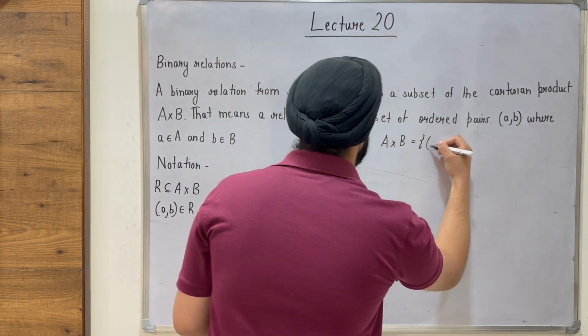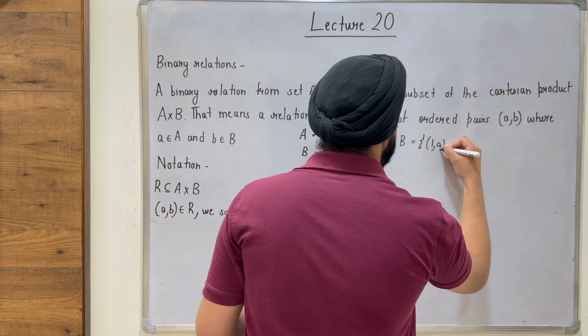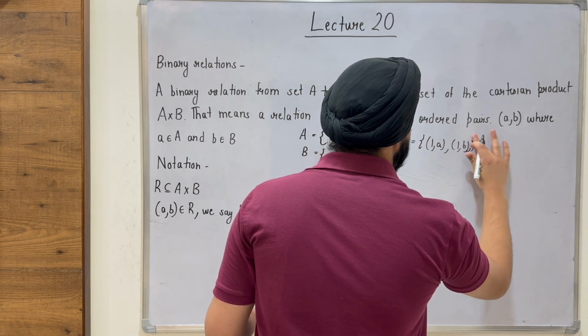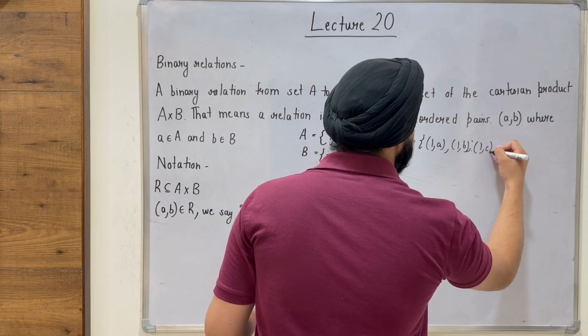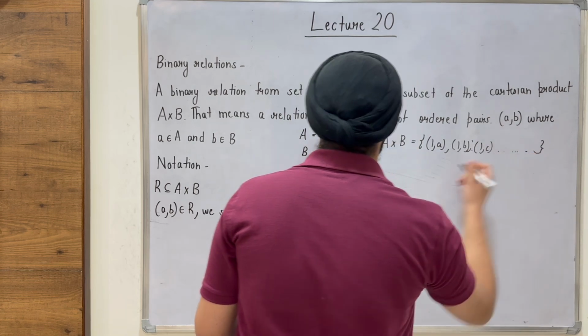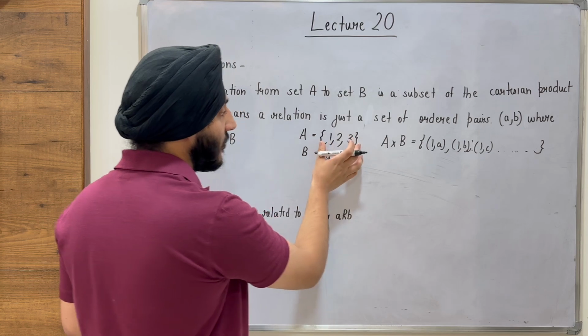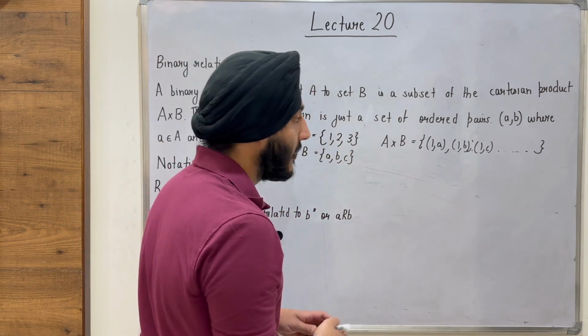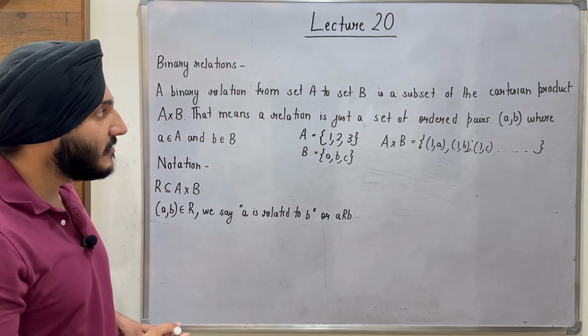So I get (1, a), (1, b), (1, c), and so on. This way I will have exactly 9 elements, because the number of elements of A multiplied by the number of elements of B is equal to 9. So this is the basic idea.